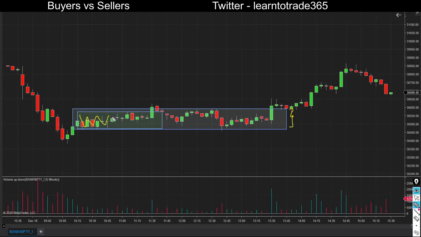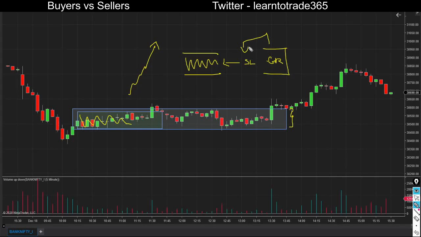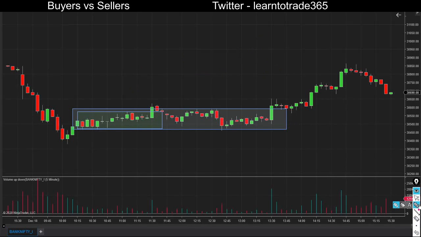Trending markets are slightly easier to understand and trade than a balanced market, because a balanced market tends to trigger more stop losses than provide a good reward, even when you are wrong at any point of time. So now moving on to the Bank Nifty 5-minute chart.